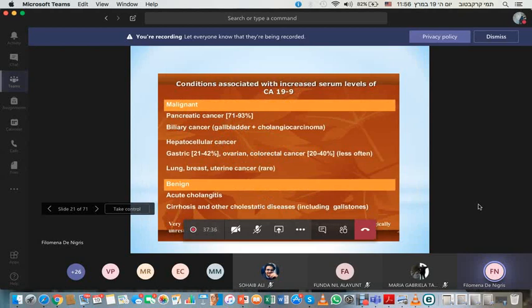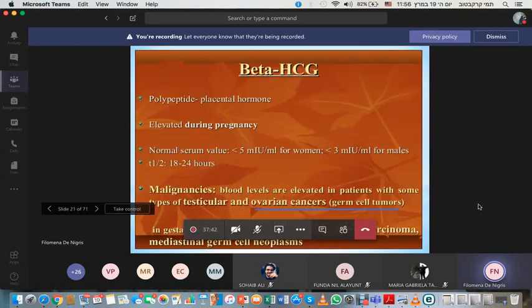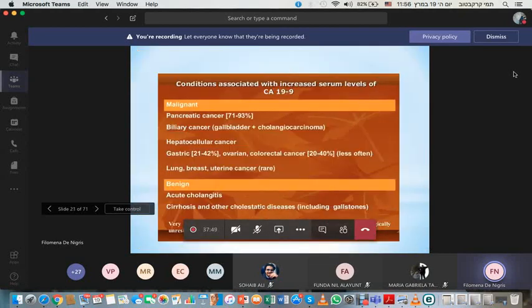We use the CA19-9 marker in malignant situations, in 70% of pancreatic cancers, which is a good percentage of patients.